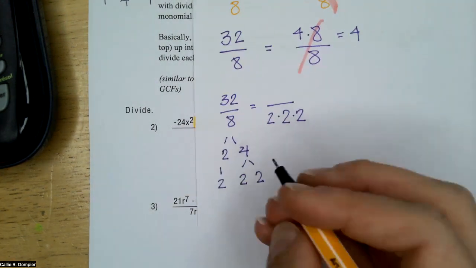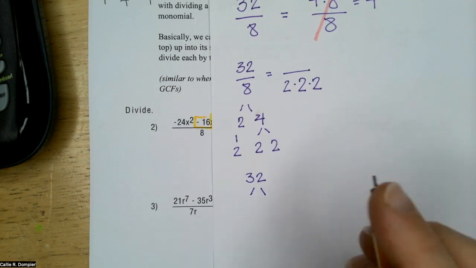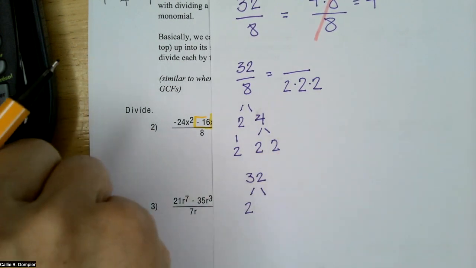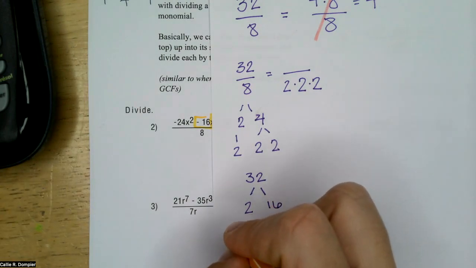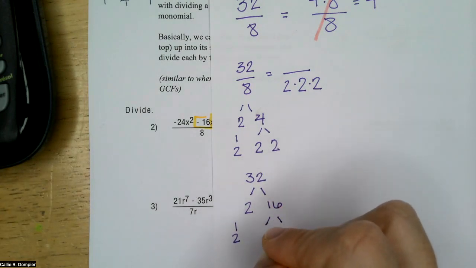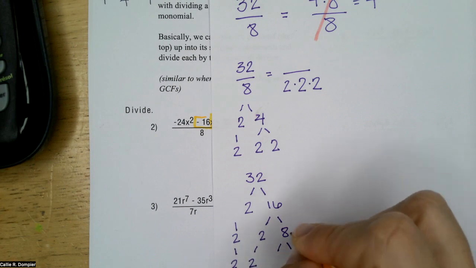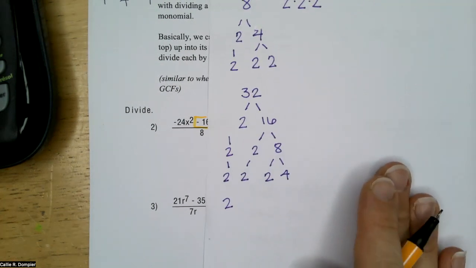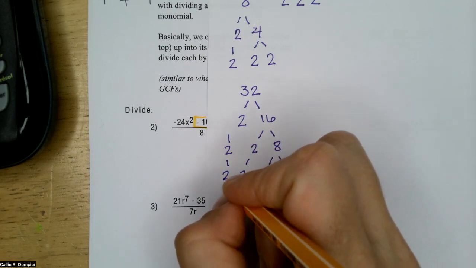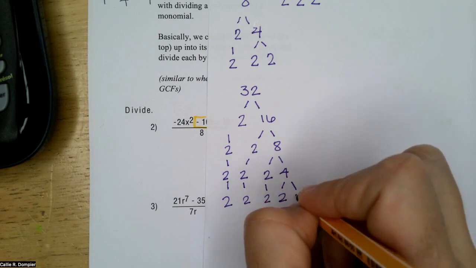The prime factors of 32, if I just take 32 and start dividing it by prime numbers, 32 divided by 2 is 16. So that's a 2. 16 divided by 2 is 8. 8 divided by 2 is 4, and that 4 becomes 2 and 2.